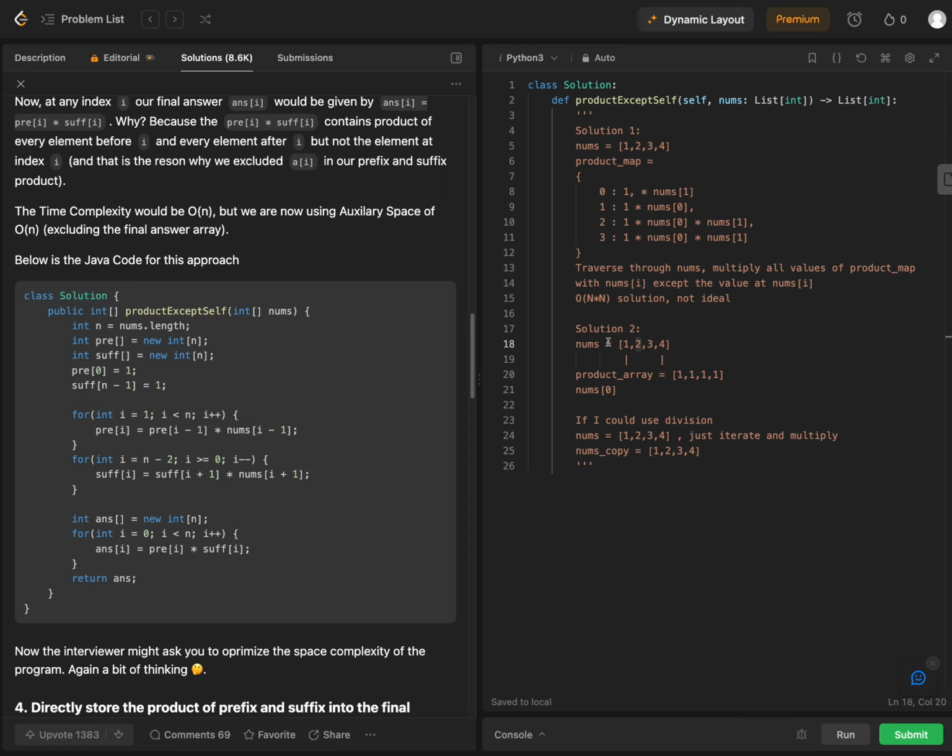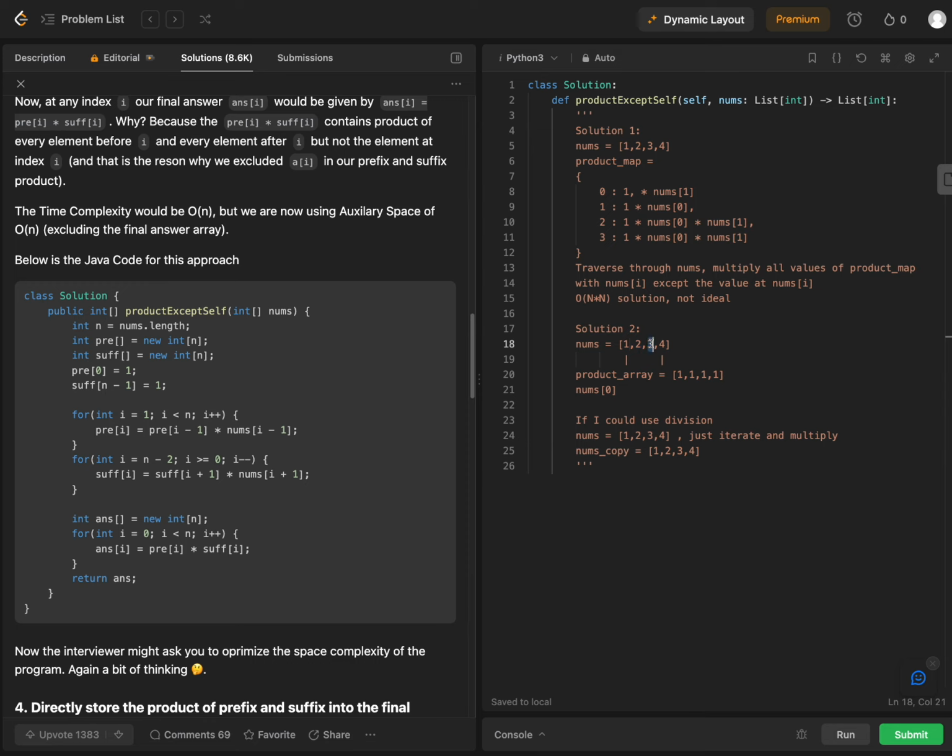You have this prefix i, you start at 1, and then your prefix at 1 is equal to prefix of i minus 1, which is 0, times nums of 0, so 1 times 1.